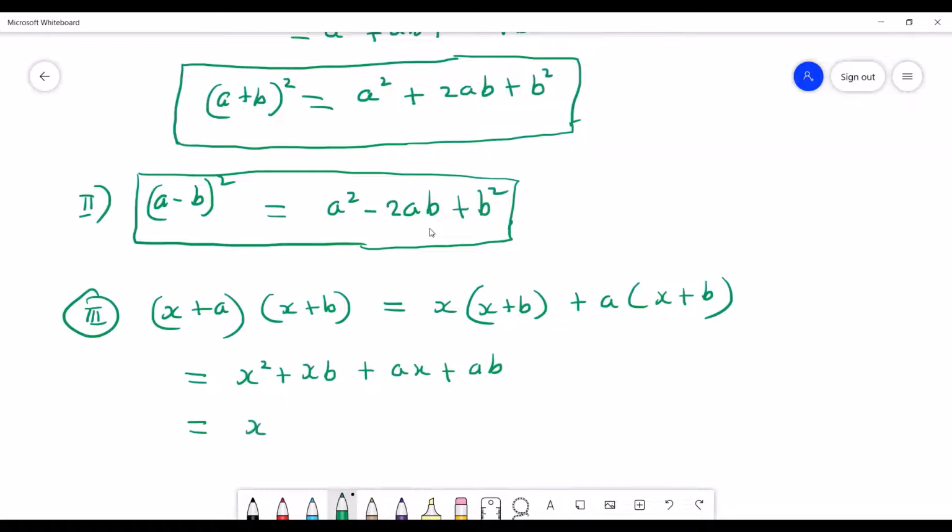So when we take this together, x is common here, so we take x outside, then we get (a + b). Writing b plus a or a plus b is the same. Then we get ab.